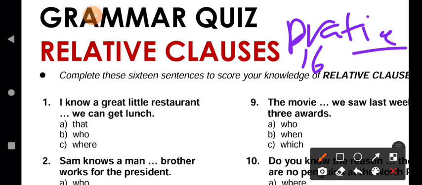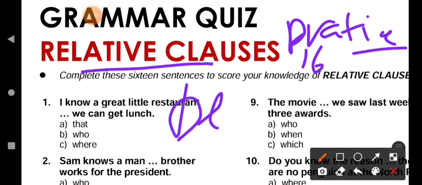We have the knowledge about the relative clause, either defining or non-defining. The 16 questions here have all been given based on the defining relative clause. For the non-defining relative clause there is no question. You should understand only the defining relative clause.